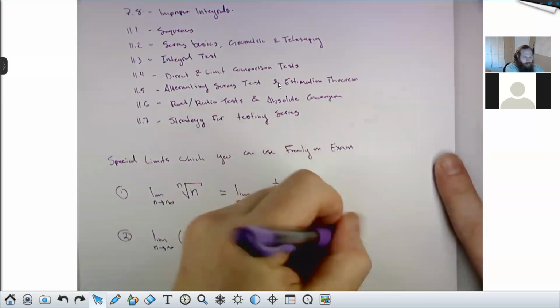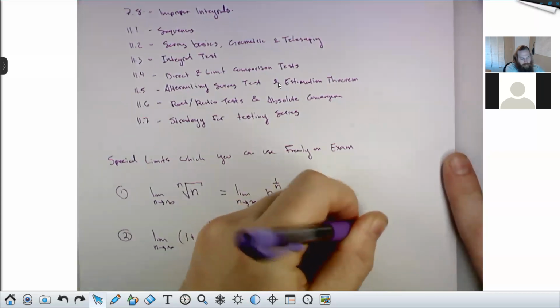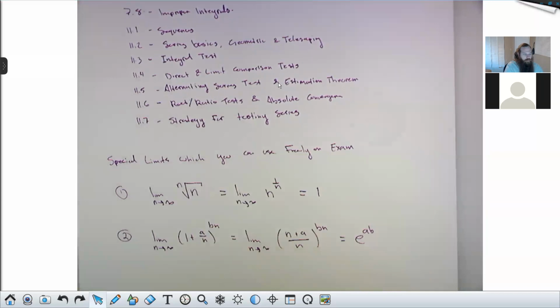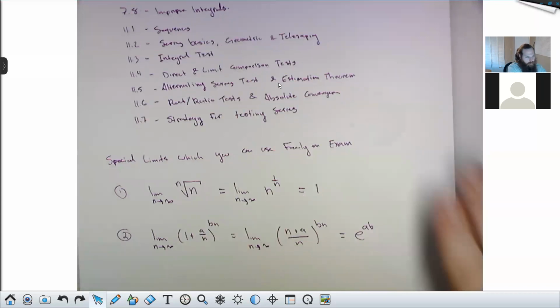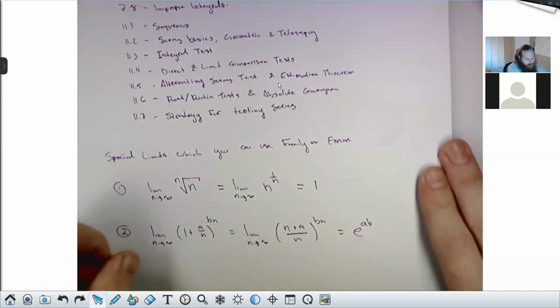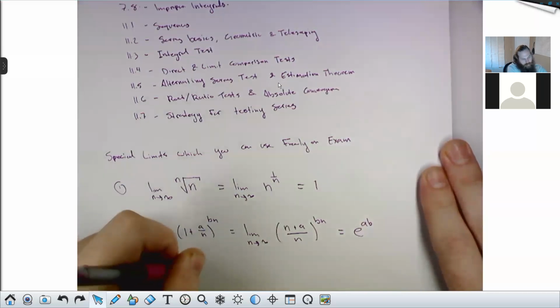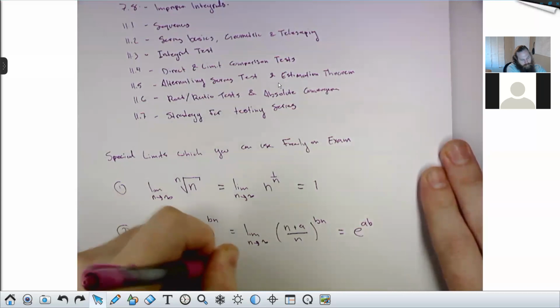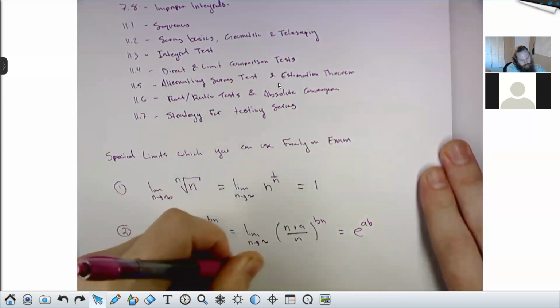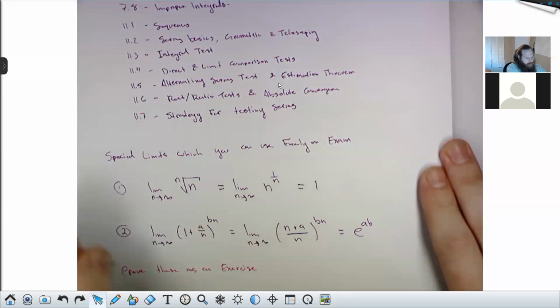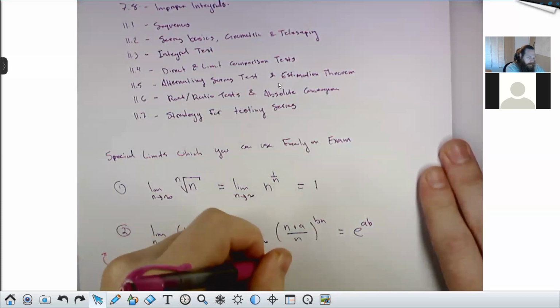This goes to e to the a times b. And I strongly suggest that you prove these as an exercise. So you remember them.